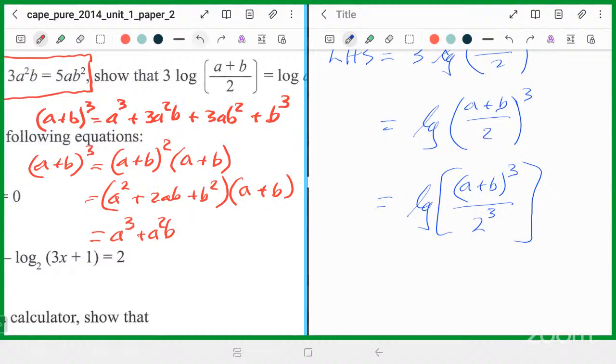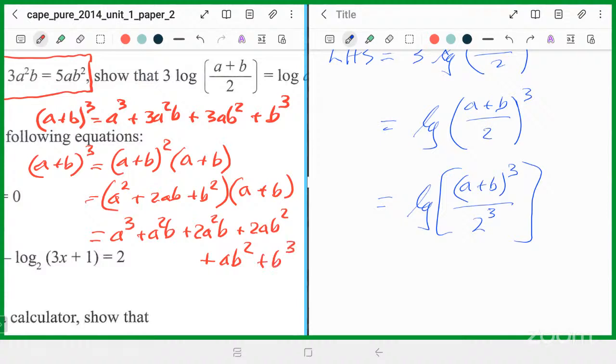And so it will be the 2ab times this a, which will become 2a squared b. And then the 2ab times the b will become 2ab squared. It's time for this now. It will be this b squared times this a, which will become ab squared. I just put it in alphabetical order. With b squared times a, it's the same as ab squared. And then the b squared times this b will become b cubed.